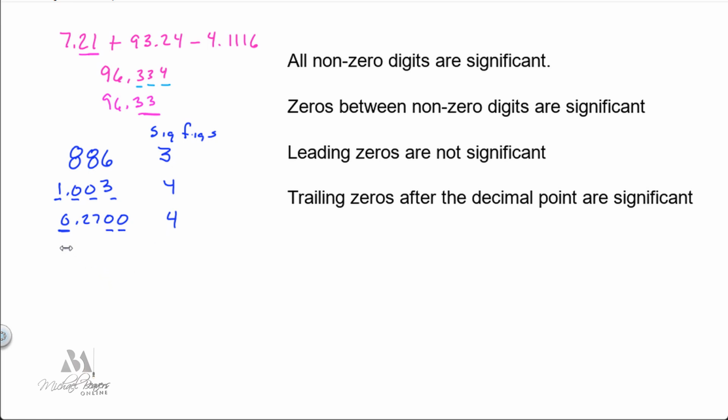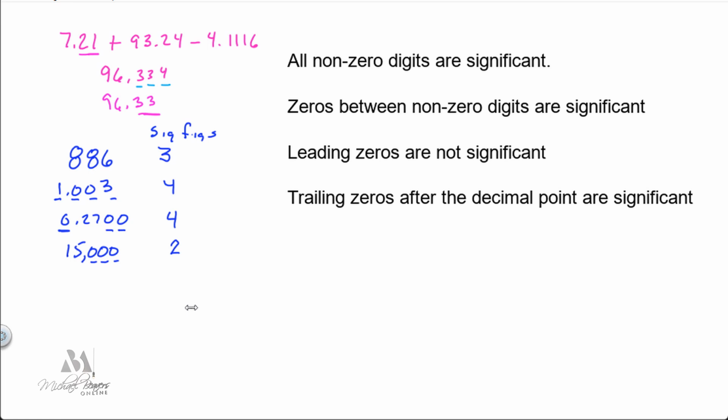So let's look at this case, 15000. So there I've got 15,000. And trailing zeros on the left-hand side of the decimal place aren't significant. So these 3 trailing zeros here, not significant. So that makes for 2.